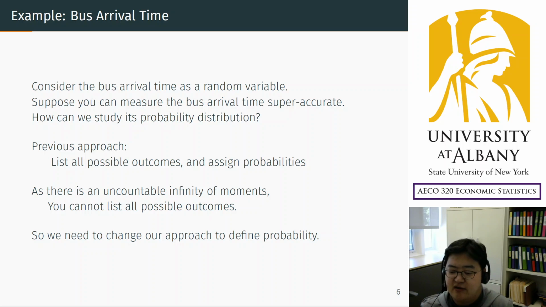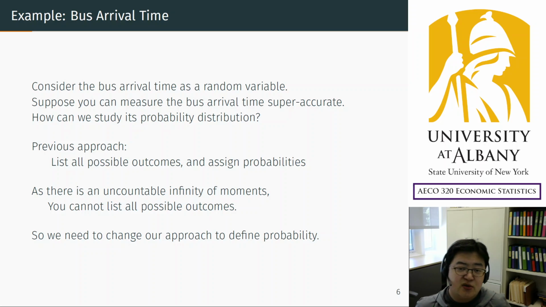Think about this: you are waiting for a bus at a bus stop, and the exact moment the bus arrives in front of you is a random variable. It can be late, it can be early, so it's random, and you are measuring the time with a super accurate watch. So now we need to study the distribution of the arrival time.